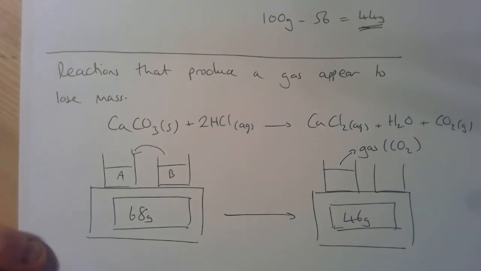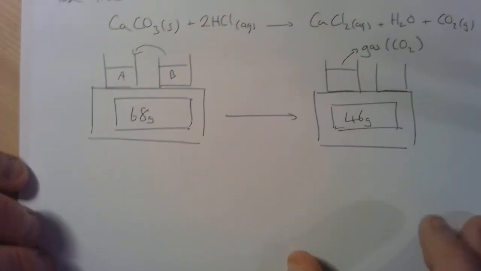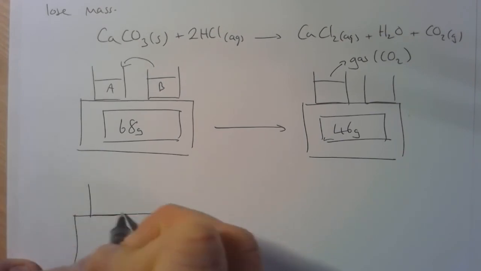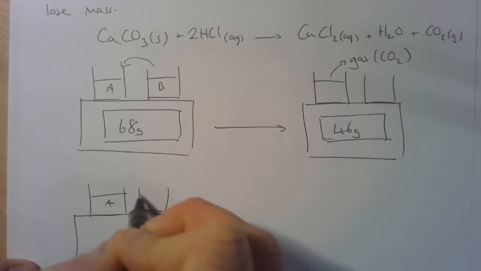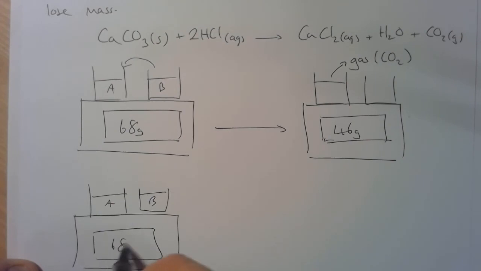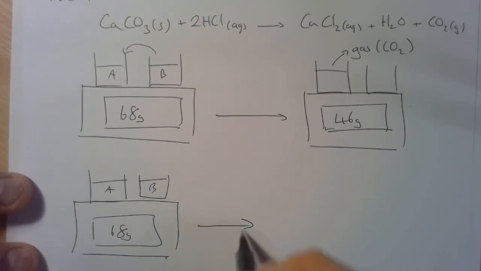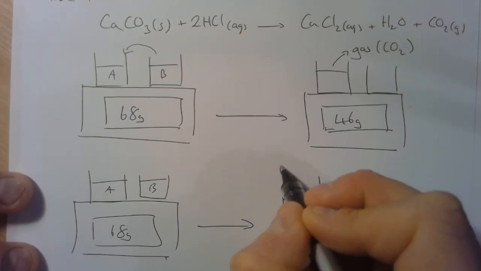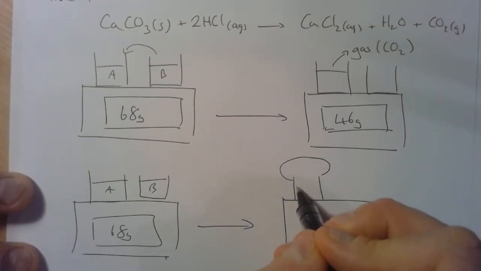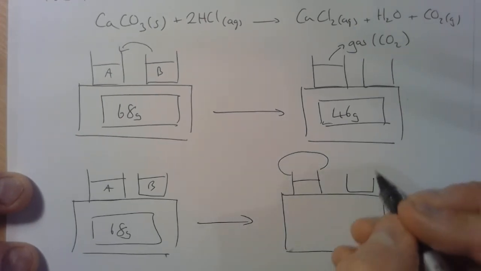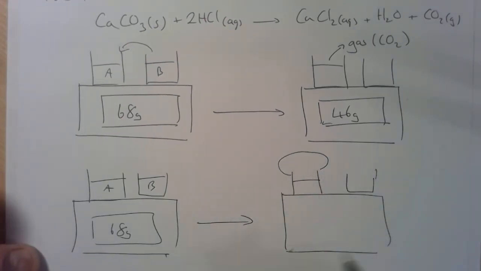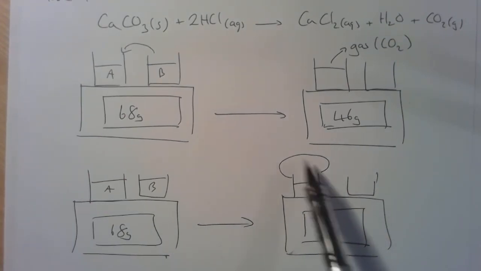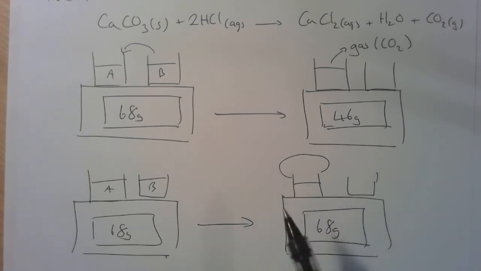So a way that we could prove this would be that, let's say we had our reactants again, 68 grams of them, but this time when we reacted them, we put a bag or balloon over the top of the reaction once we tip them in together, and we'd find that actually this did have a mass of 68 grams because the gas is trapped and held on.